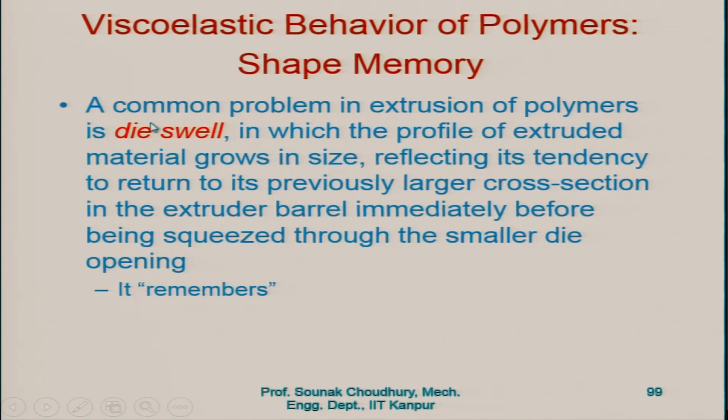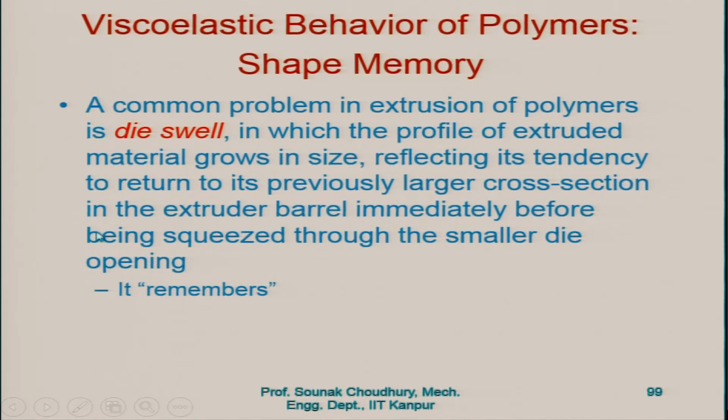Now, a common problem in extrusion of polymers is the die swell, in which the profile of extruded material grows in size, reflecting its tendency to return to its previously larger cross section in the extruder barrel immediately before being squeezed through the smaller die opening.